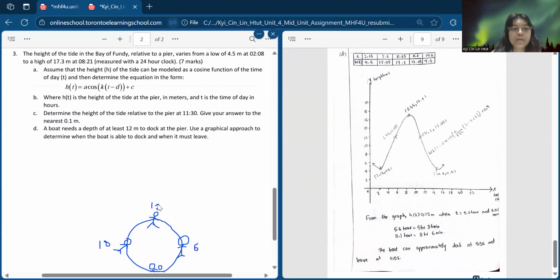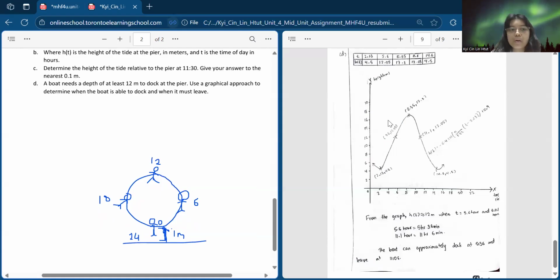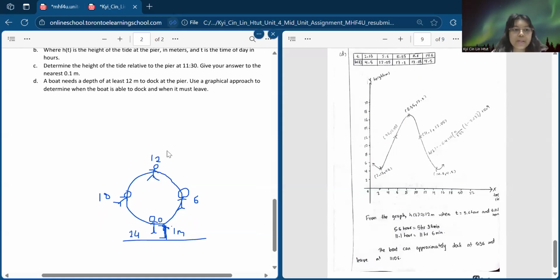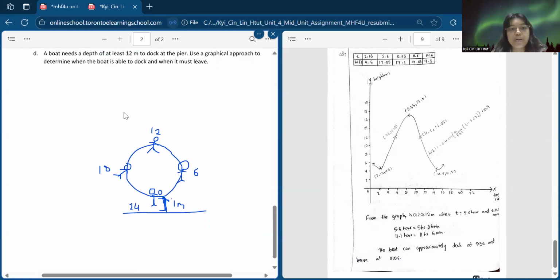Okay, so this will be the graph because it says the boat needs at least 12-meter depth to dock at the pier, and it wants me to use a graphical approach. So for this graph, I plotted some of the points here, and I plotted these points on this graph too.